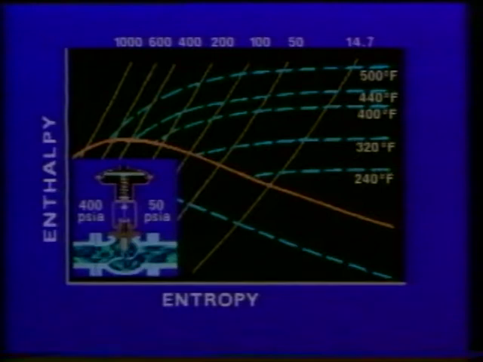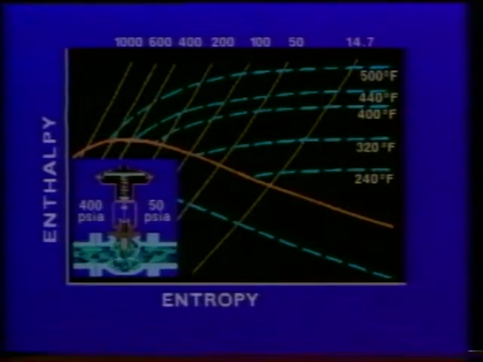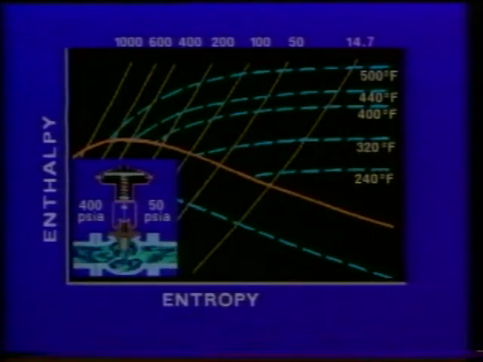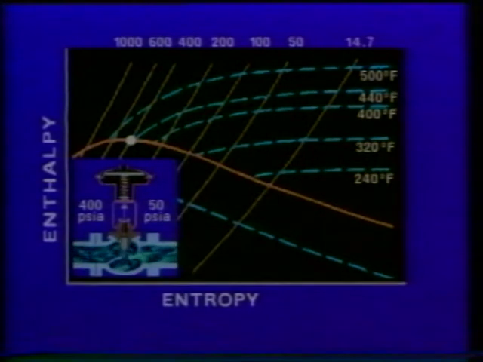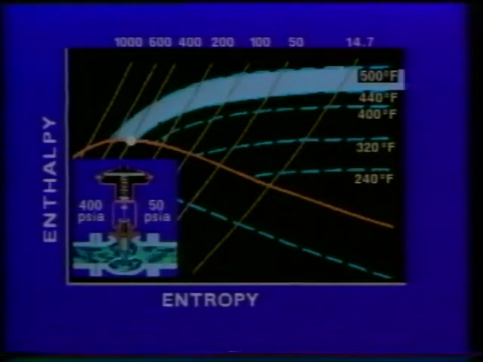Let's look at an example where saturated steam at 400 psia passes through a control valve and is reduced to a pressure of 50 psia. The given inlet conditions correspond to this point of 400 psia on the saturation line. Notice that the temperature for this condition is approximately 450 degrees Fahrenheit.